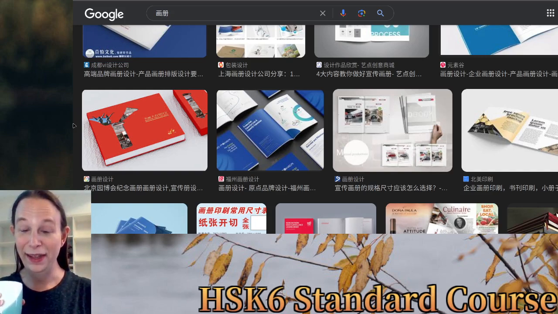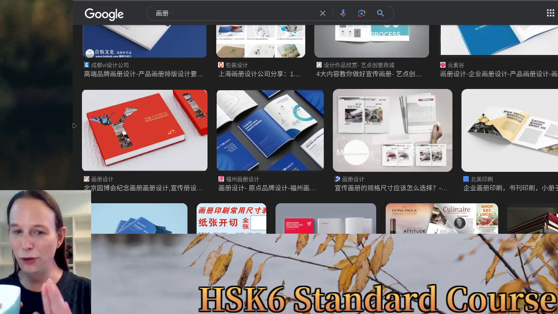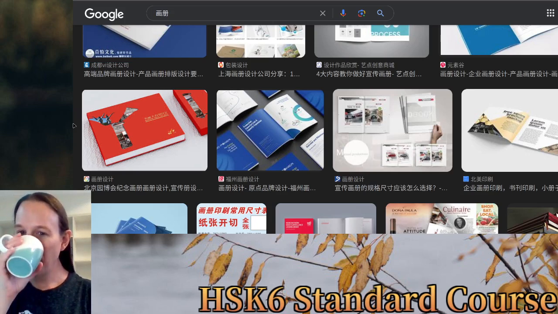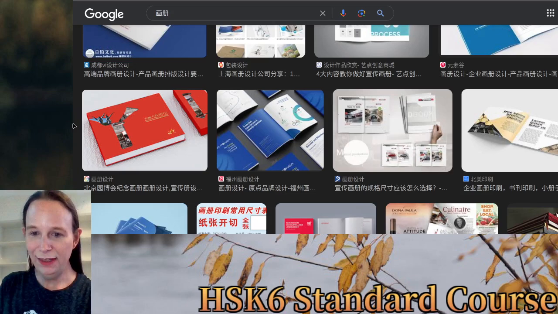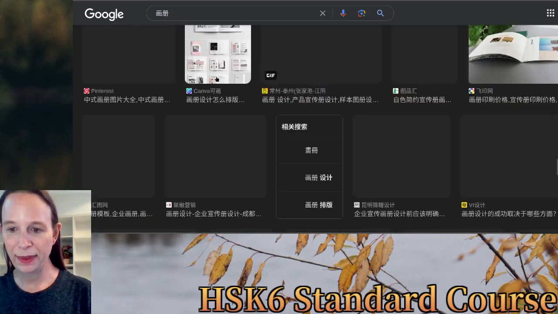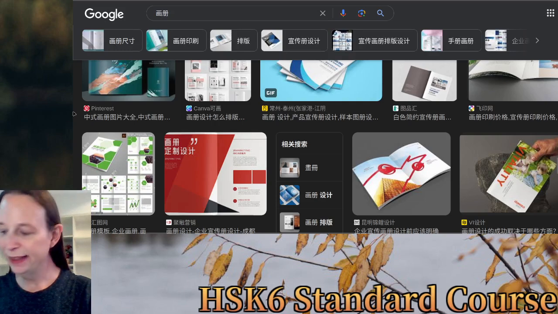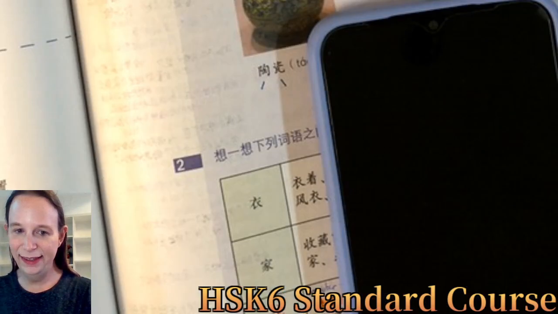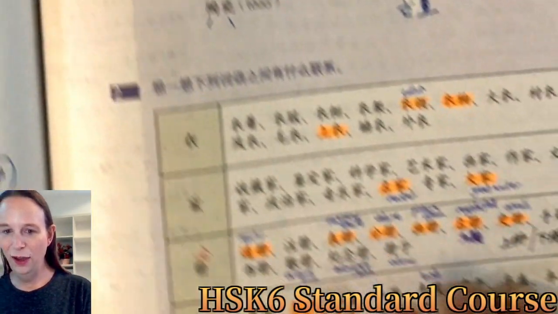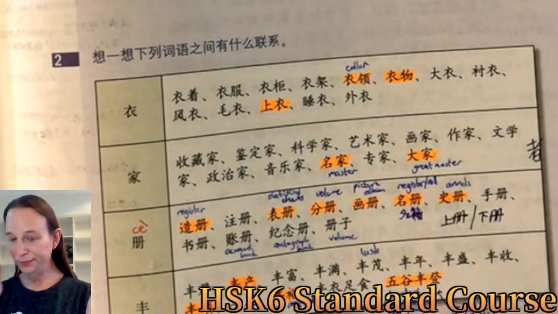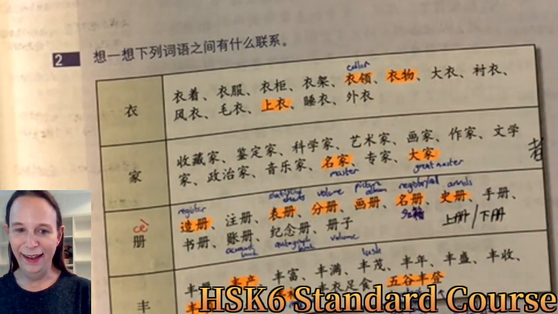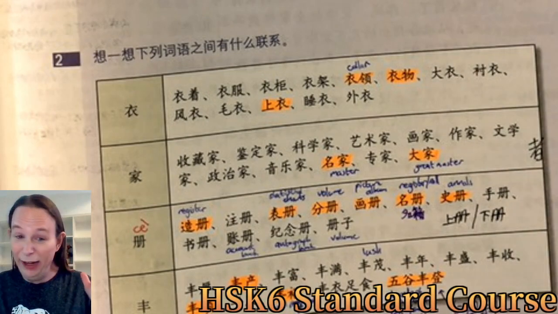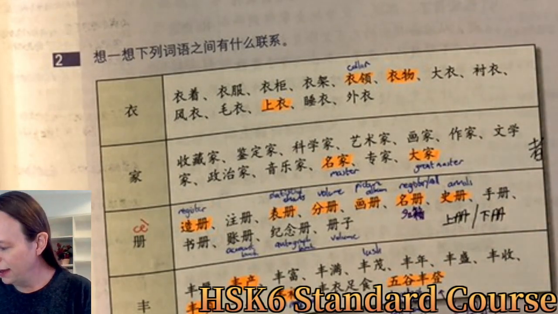It was a glossy, incredibly well designed book. Looked really nice. Anyway, so that could be considered 画册. Again, it's a pretty rare word, so I just don't know.